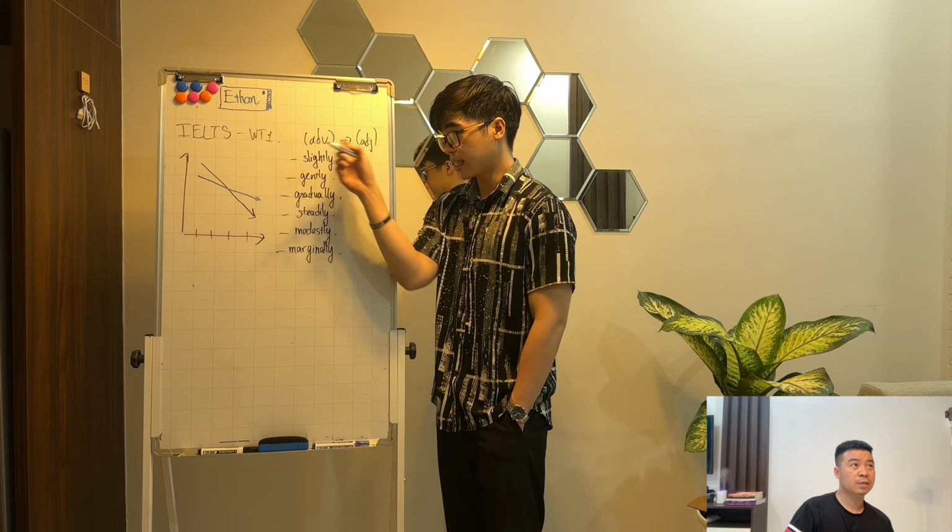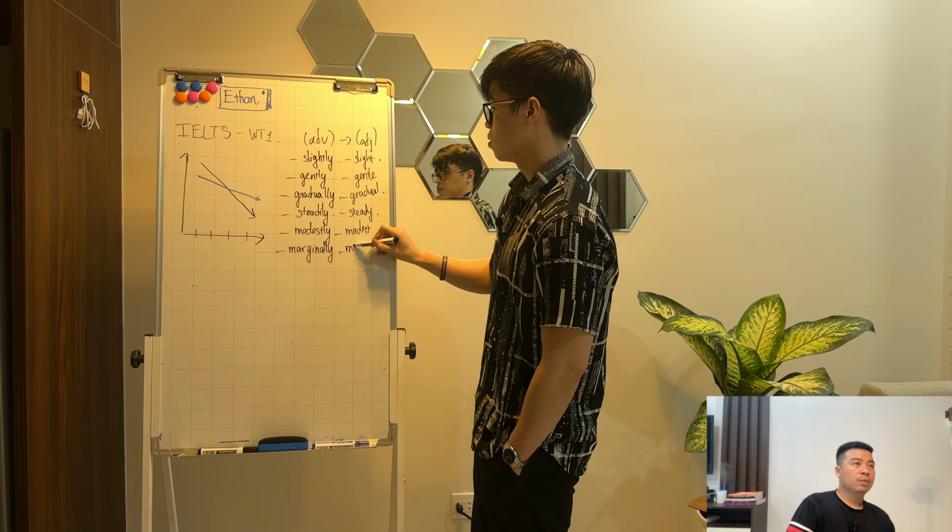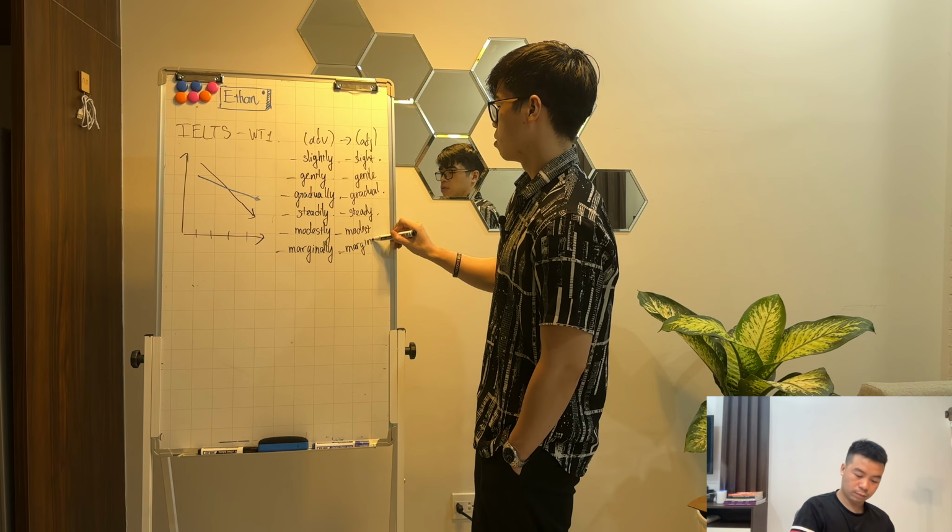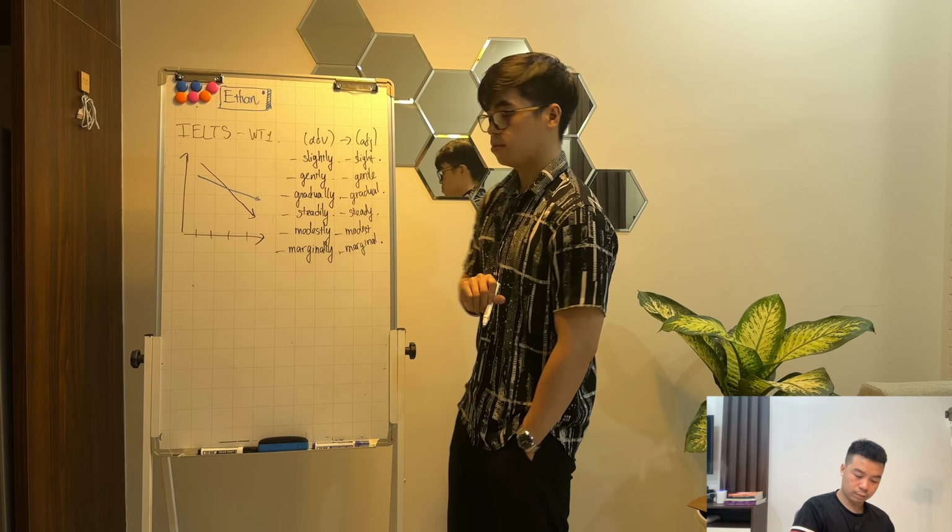Gently đổi tính từ sẽ là gentle. Gradually sẽ là gradual. Steady. Modest. Marginal. Mấy này liên quan nhau.